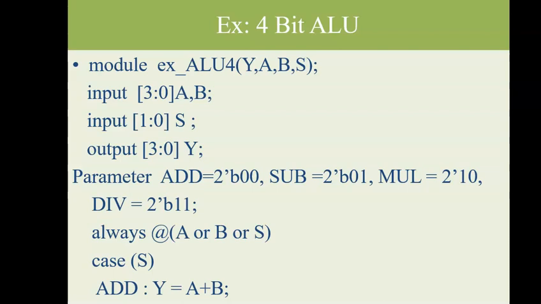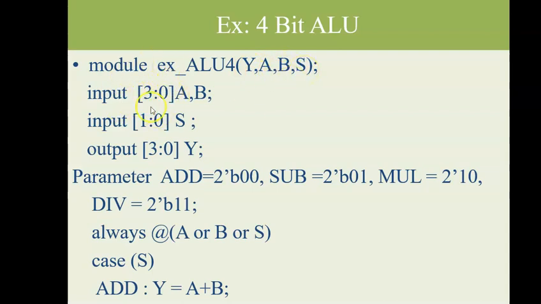So module example ALU 4-bit: Y is the output, A is the input, B is the input, and S means select, which operation is to be performed, whether addition, subtraction, multiplication, division, exponentiation, and so on. Y is the output, A and B the inputs, S the select line.